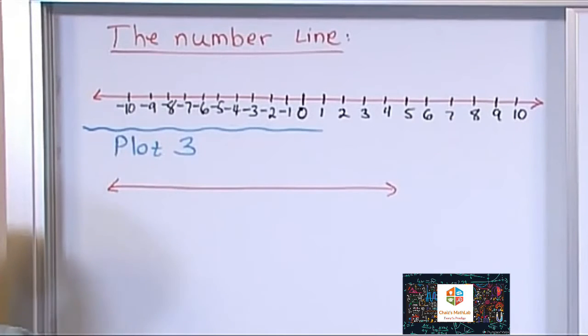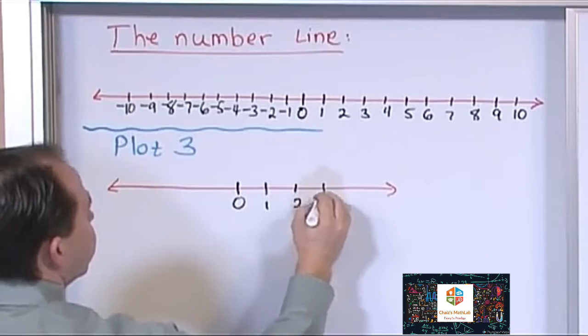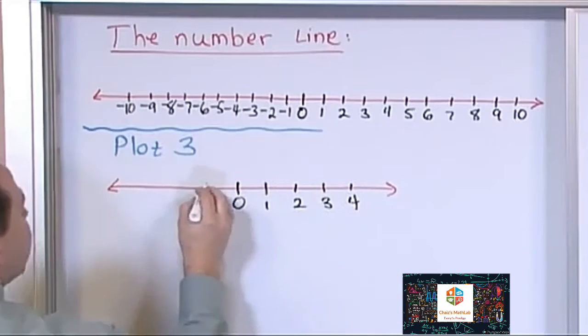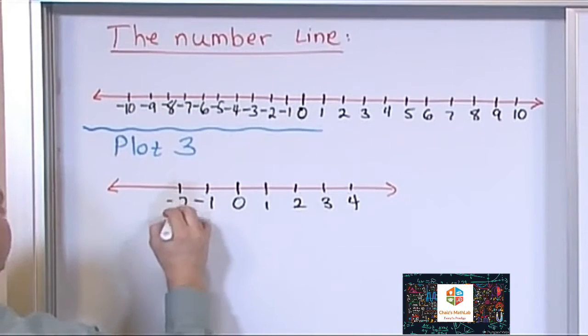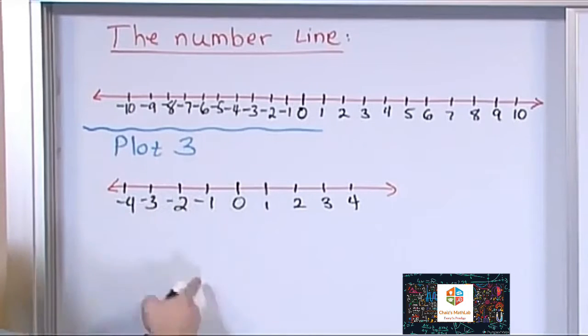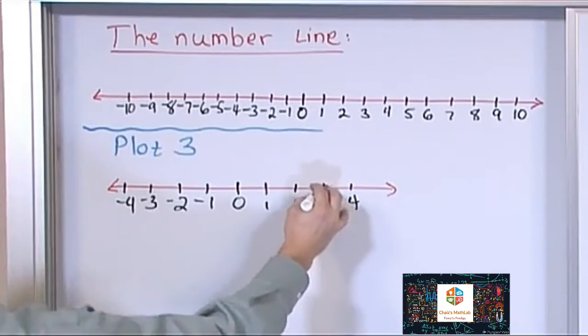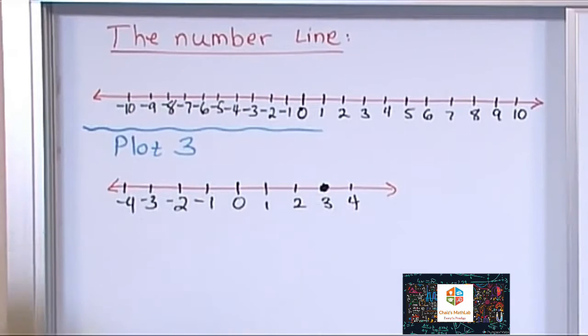You would draw a number line. You have 0, 1, 2, 3, 4, and of course you have your negative numbers, negative 1, negative 2, negative 3, negative 4. Plotting the number 3 is very simple. You just find the number 3 and you put a dot there. That is the number on the number line. That's it.